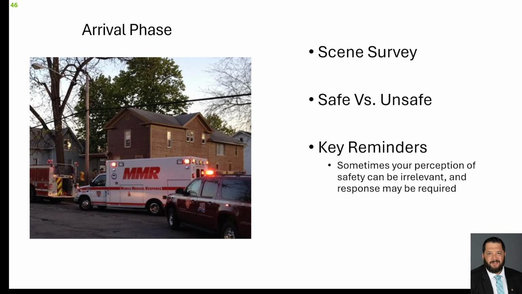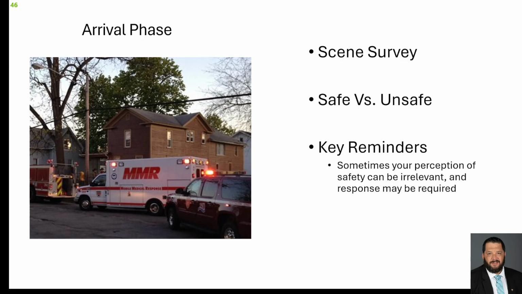So, for example, in the image here, you see an ambulance that has pulled up next to what looks like to be a two-story residential building. If there were immediate safety concerns, right? If the building was on fire, if there were dogs guarding the gate and you couldn't get in, if there were violent encounters occurring as you arrived, all of those things would be unsafe for you to approach the scene, in which case you would need to wait for that scene to become safe before you enter in.